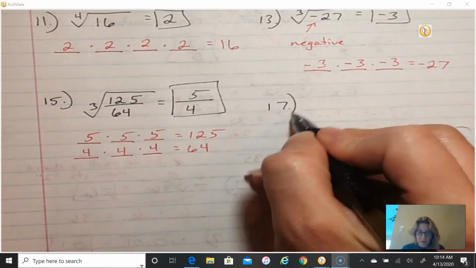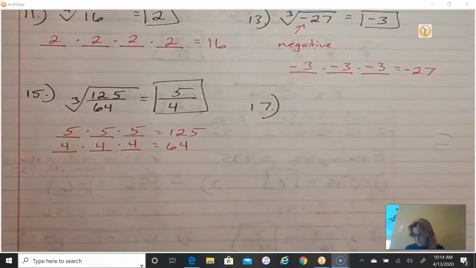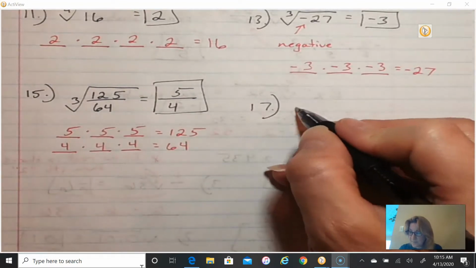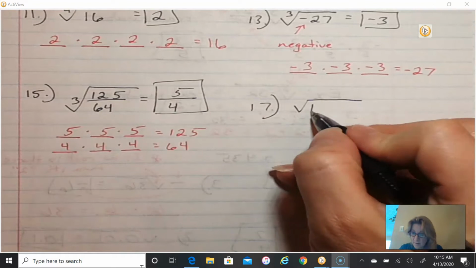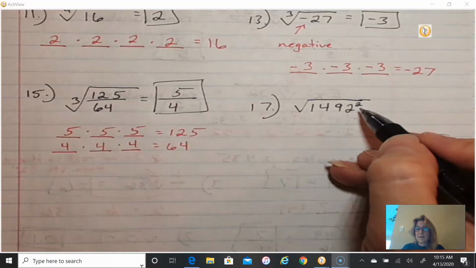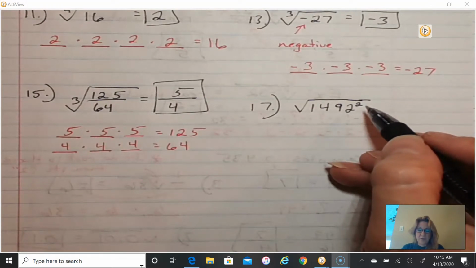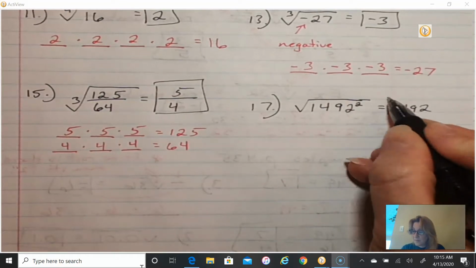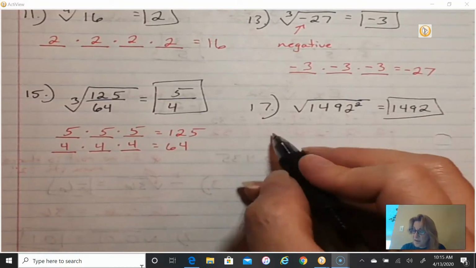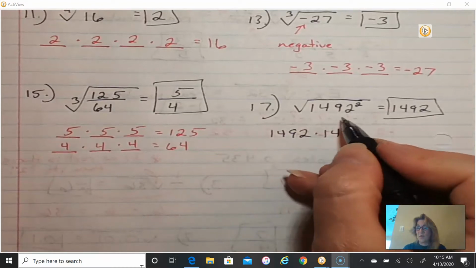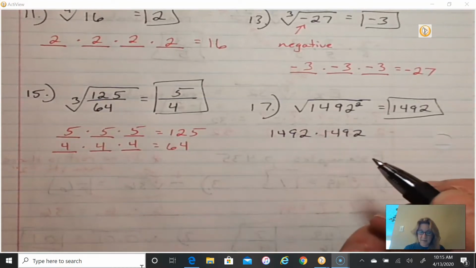And the last one, okay, this is a weird one, but the last one I'm doing is 17. Notice that right there? Okay, that's to throw you off. The answer to this is just 1492. Because what they're saying is 1492 times 1492 is going to get you what really should have been in there.